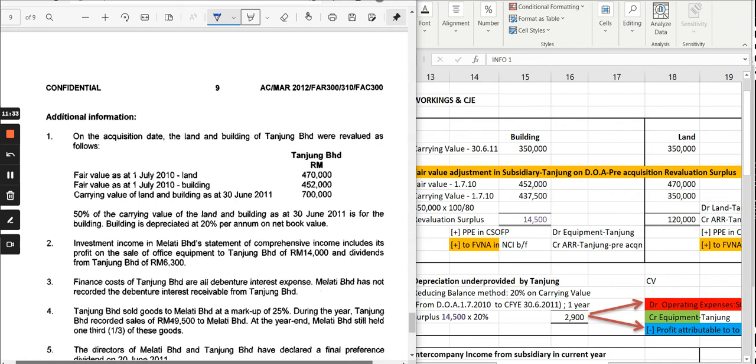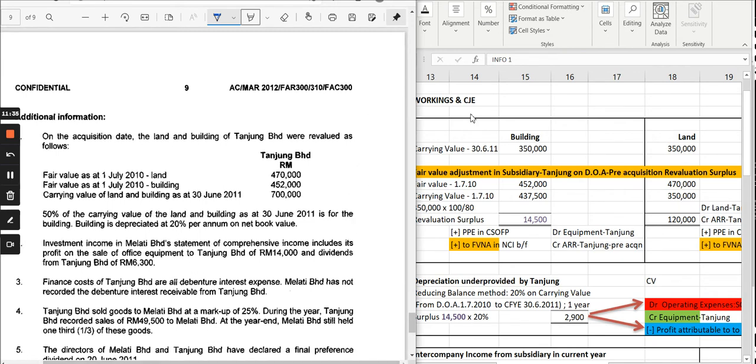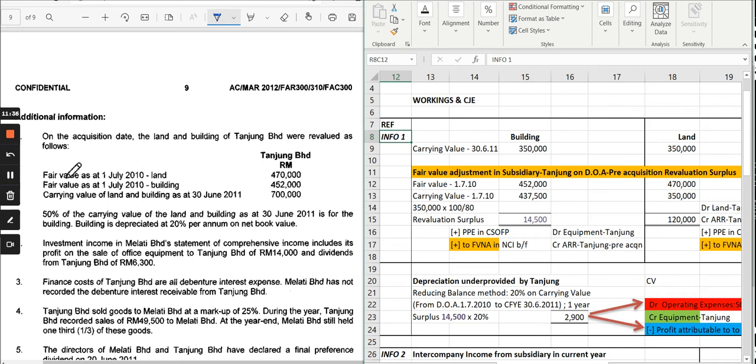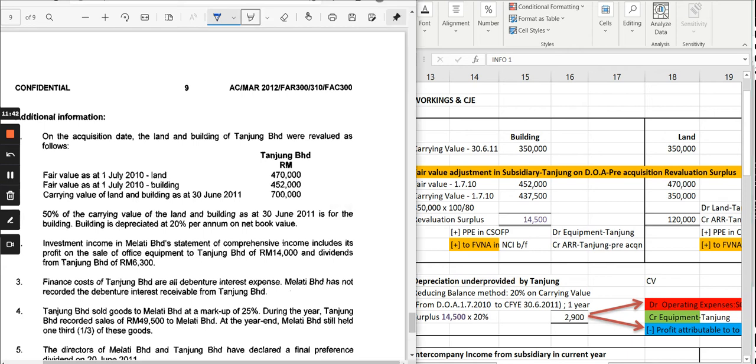You are informed that the fair value on 1st of July, remember, 1st of July is the date of acquisition, is 470,000 and 452,000 respectively for land and building.